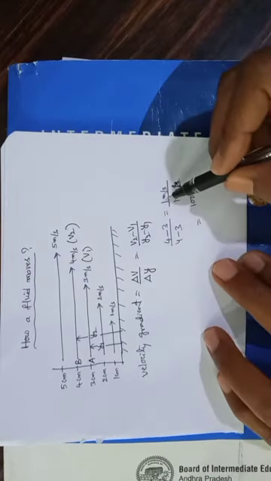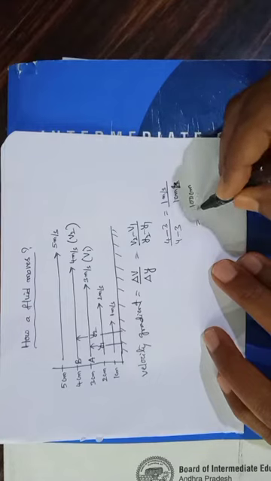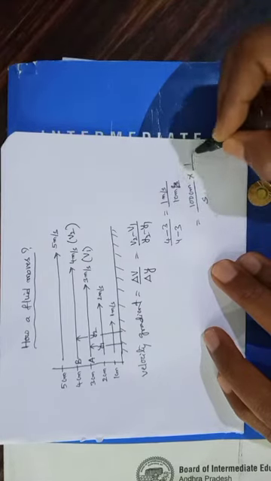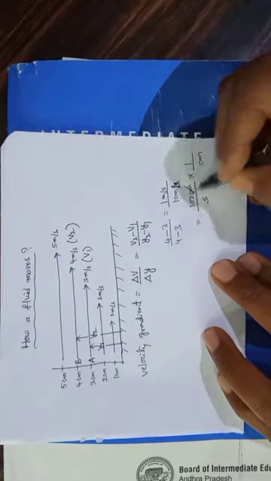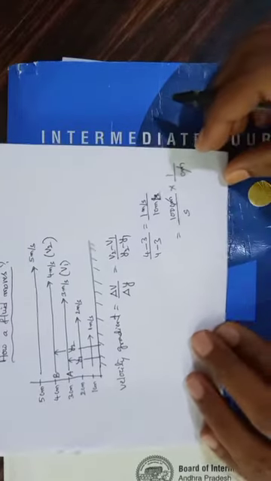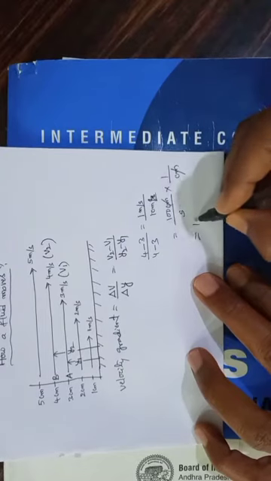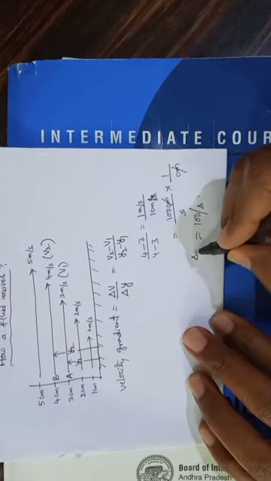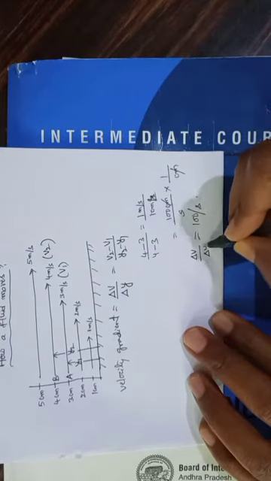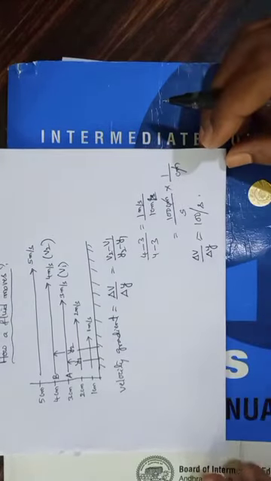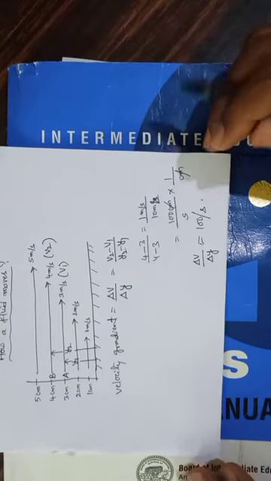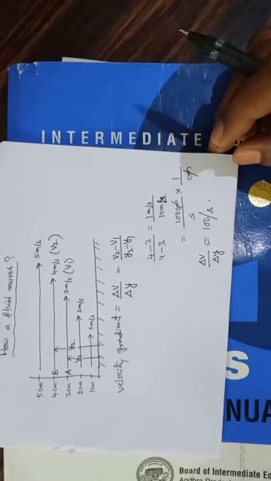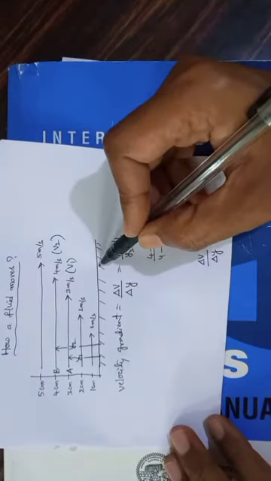So 1 meter means 100 centimeter per second into 1 by centimeter. Centimeter gets cancelled, so we got 100 per second. This is the velocity gradient. Velocity gradient is nothing but change in velocity with distance from a fixed surface.